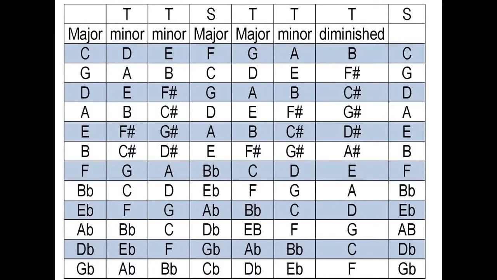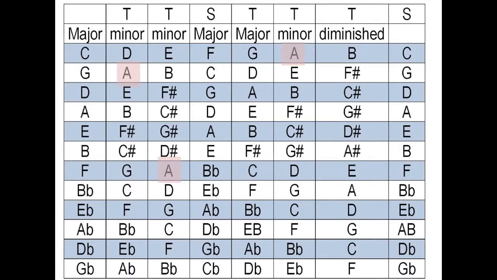Now, another thing you could do is if you're playing a song that has an A minor in it, right? Or you're writing a song that you want to do in A minor because when you sing it just sounds good. You don't have to write in the key of A minor. You basically just find a key that has an A minor chord in it. So if we look down all our minor columns, which are on 2, 3, and 6, let's go to the second column, scan down and look for an A. There it is in the second row, G major.